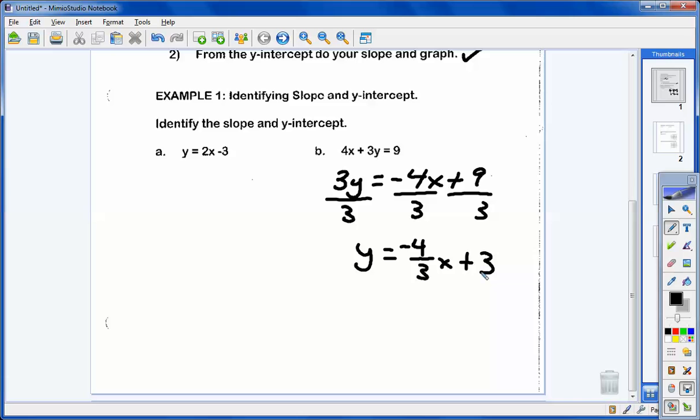And we identified the slope as what value up there? Negative 4 over 3. Negative 4 over 3 would be the slope of that function. And how about the y-intercept? Where are you starting? What's the initial value? 3. Okay? So again, we said when we're doing these, you need to have y be alone.